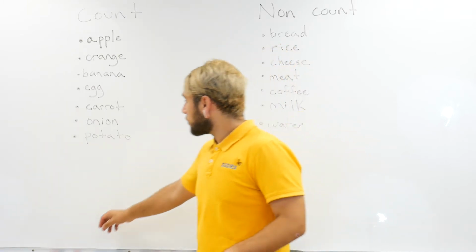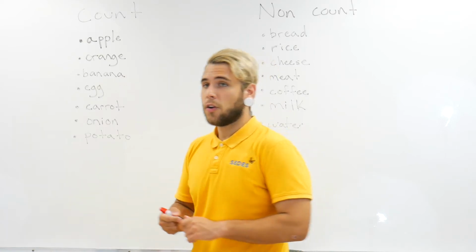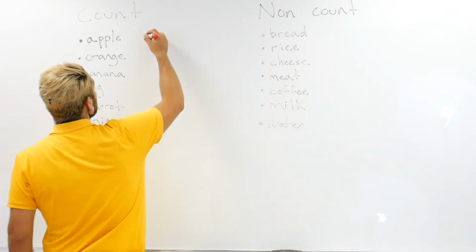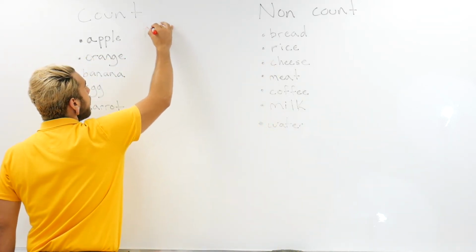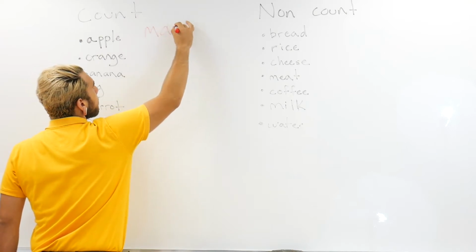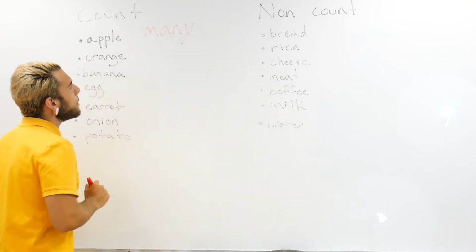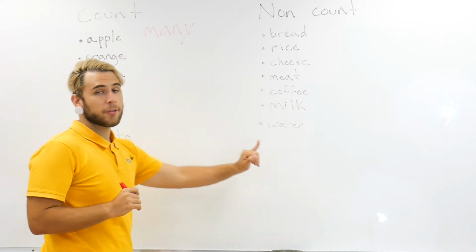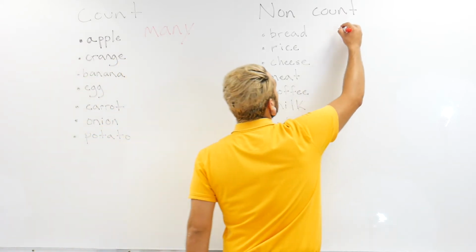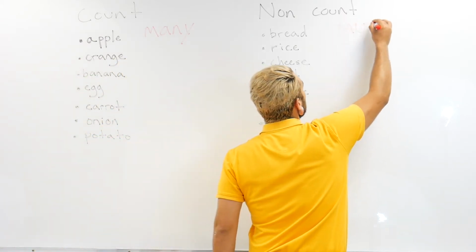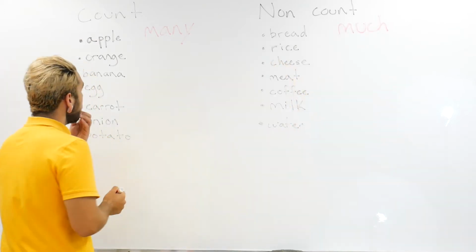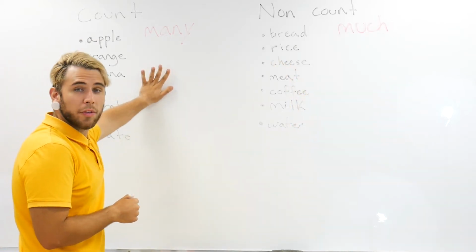So again, we'll start off with the count items. The word we use for count is how many. And the word we use for non-count is much. And the way we answer this is with numbers.